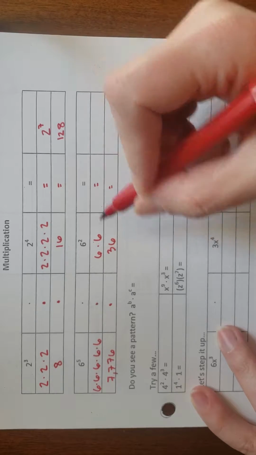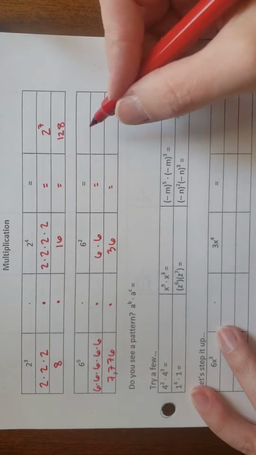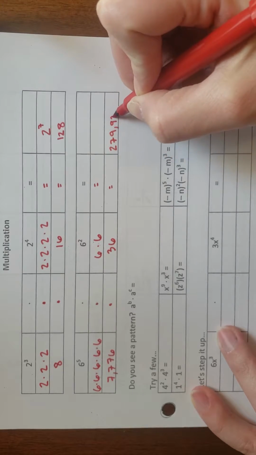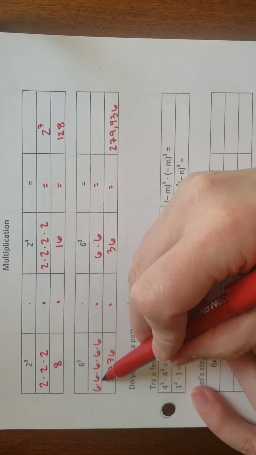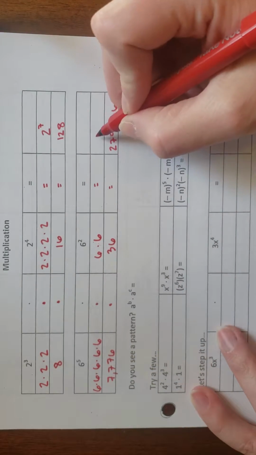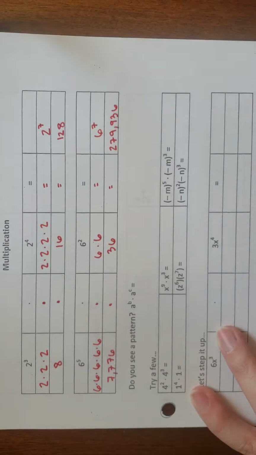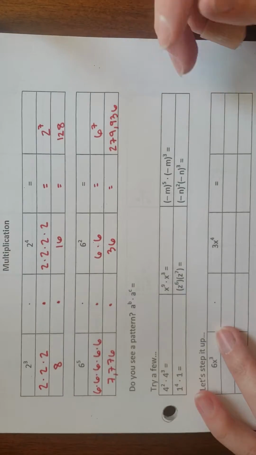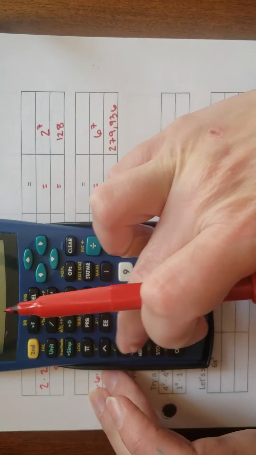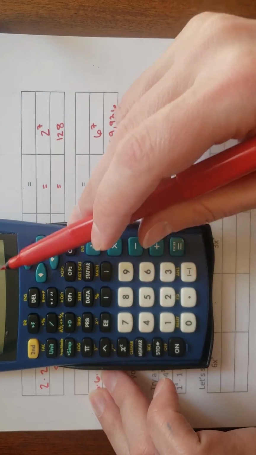Well, if you multiply it out, I can't do that one in my head. But again, I did the math ahead of time. You're welcome. Okay. Here I have a whole bunch of 6's lined up. 1, 2, 3, 4, 5, 6, 7 times. 6 to the 7th power. Now, you could probably guess that if I put 6 to the 7th power into the calculator, I would get the same solution.